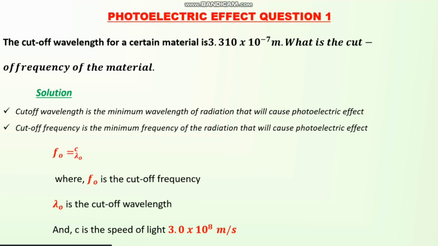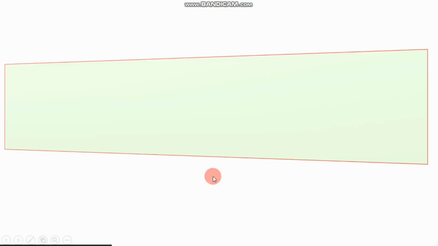In our previous topic, the electromagnetic spectrum, we saw that all radiation travels with the speed of light. So that's why we have this parameter here. Let's go now directly to the question.